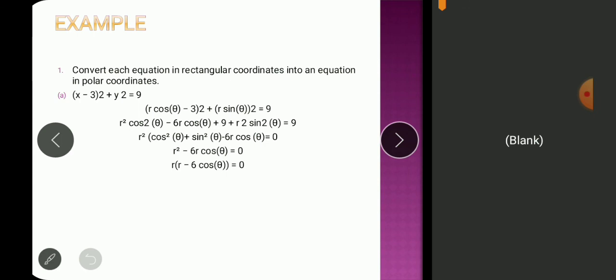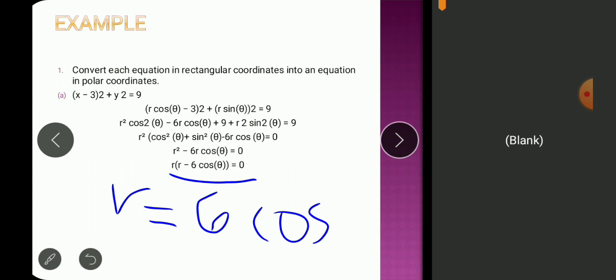And since r is equal to 0 describes just a point, namely the pole or origin, r is equal to 6 cosine theta is our final answer. R is equal to 6 cosine theta.